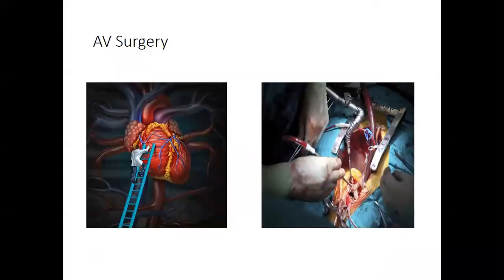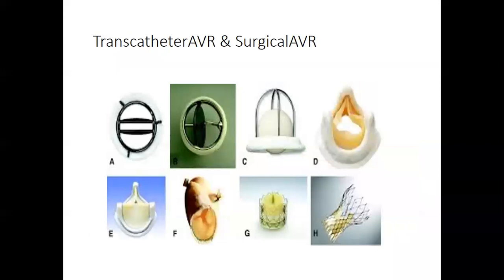And surgery is the final option in a patient who has severe aortic stenosis that cannot be managed by valvuloplasty, and TAVI is not an option for this patient. So surgery is a definite option, and you can replace the valve. You can have a metal valve. You can have a bioprosthetic valve that can be replaced.